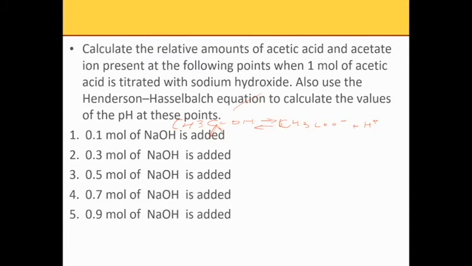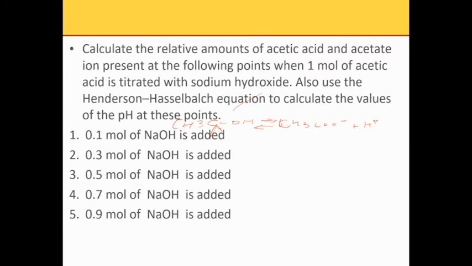The acetic acid will be 0.9 in here, and then acetate ion will be 0.1. So that would be the answer. You have to calculate the log of 0.1 over 0.9, and then plus the pKa. That gives you the pH.